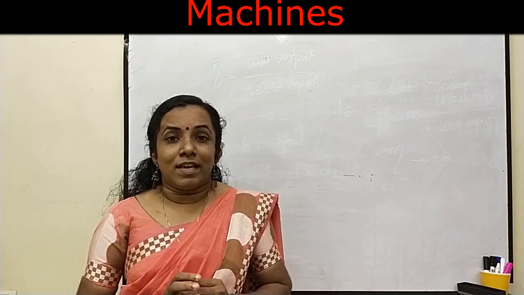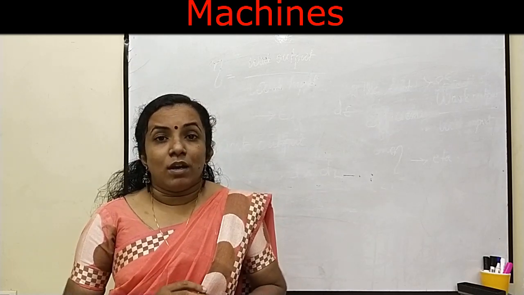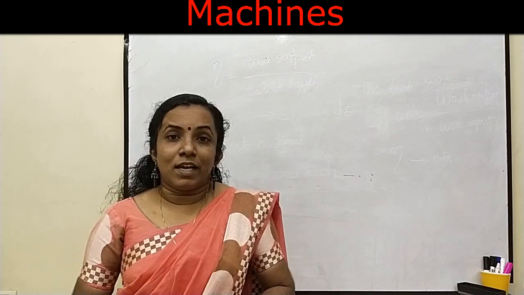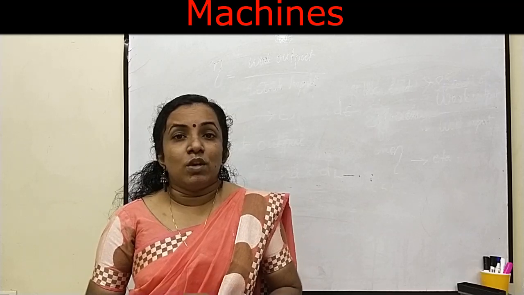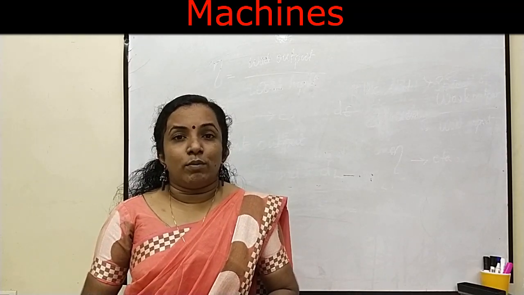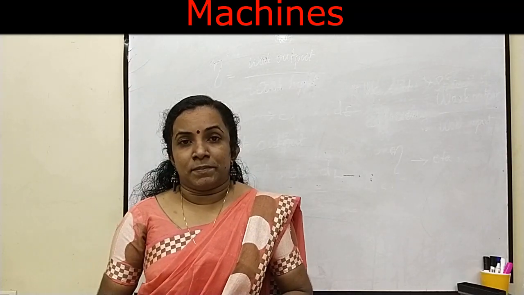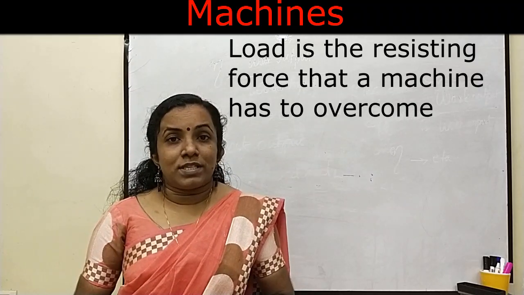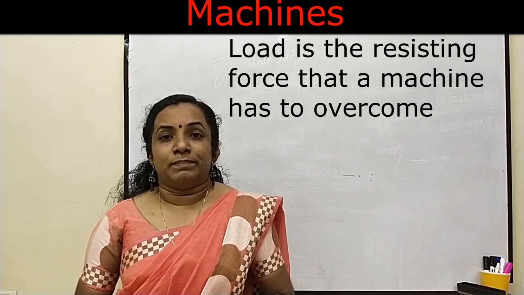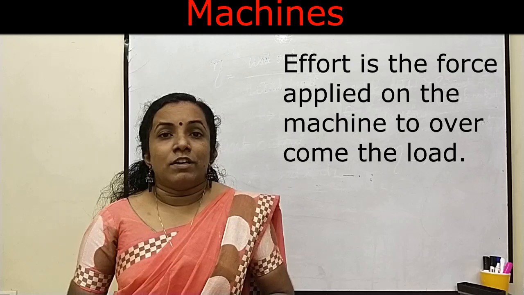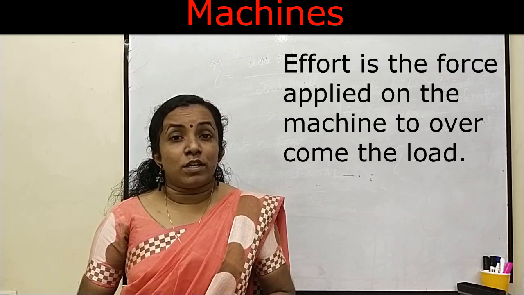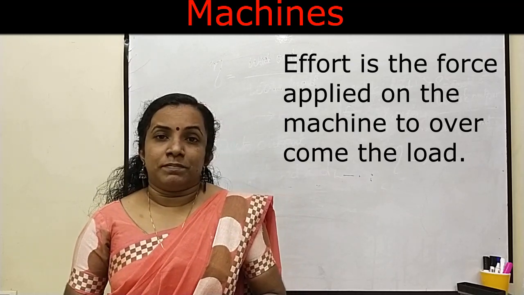The main terms related to machine are load, effort, mechanical advantage, velocity ratio, work input, work output, and efficiency. Load is the resistive force that a machine has to overcome. Effort is the force applied on the machine to overcome the load.